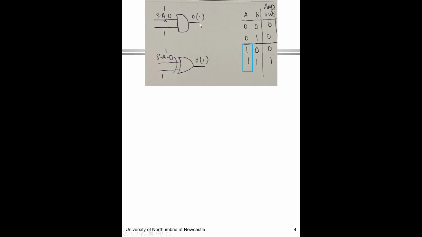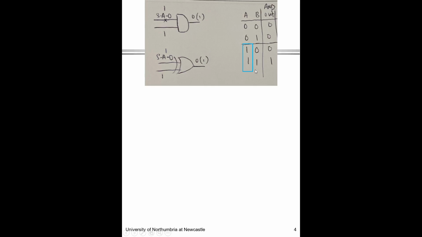There's actually a pattern that you can look at in the truth table here. This is the AND gate truth table. If you look carefully, we fix this input A at 1. If B is 0, your output will be 0. If B is 1, your output will toggle to 1.